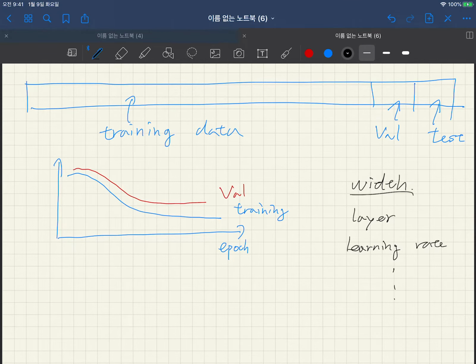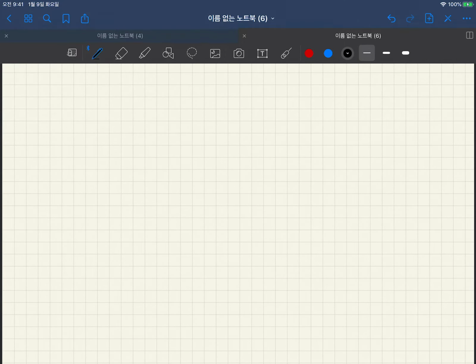We have to control these hyperparameters so that our validation error can be minimized or decreased. Essentially, when you have some target performance, based on this target performance, we have to control your hyperparameters.